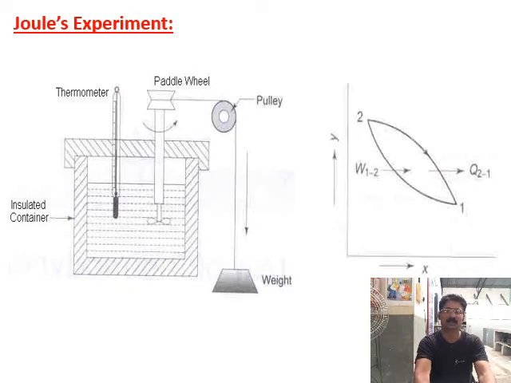Now the liquid inside the container is considered the system, and he measured the work transferred onto the system by means of this weight attached here. So you can see the weight attached.